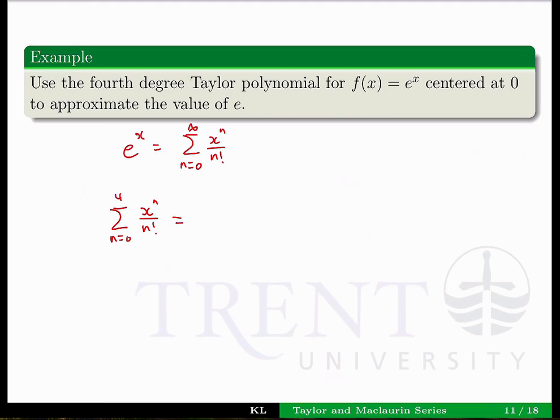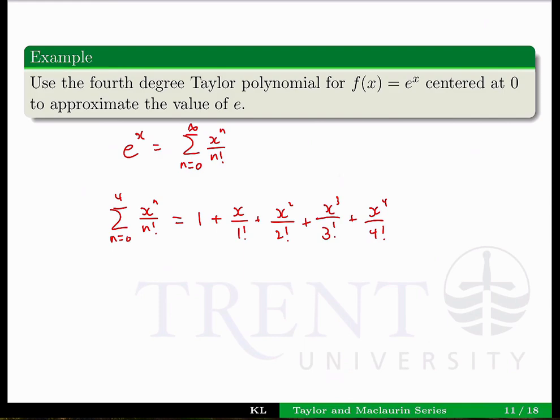So this one will be 1 plus x over 1 factorial plus x squared over 2 factorial plus x cubed over 3 factorial plus x to the 4 over 4 factorial. So this is the fourth degree Taylor polynomial for e to the x.